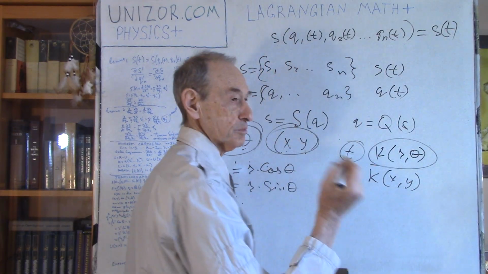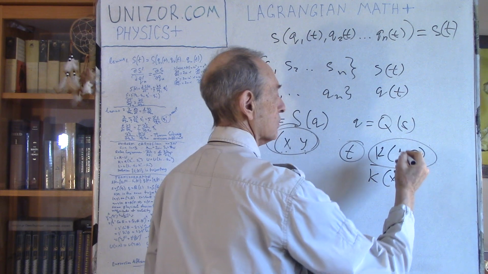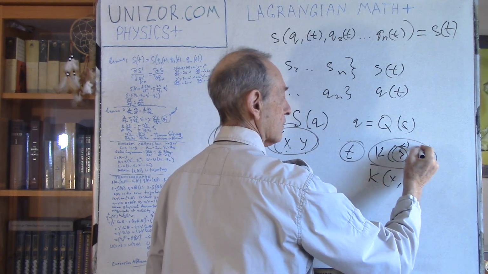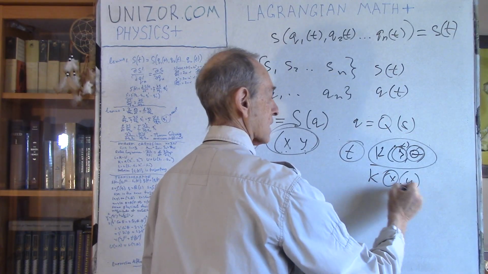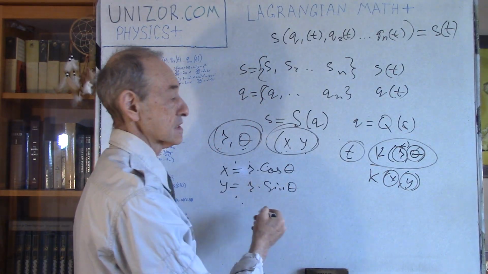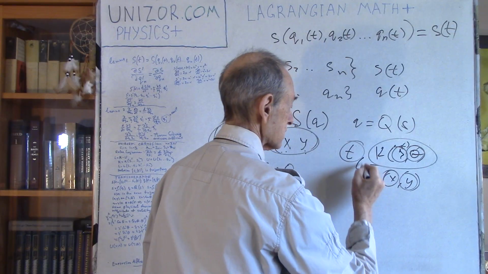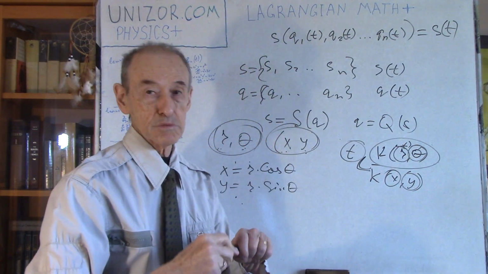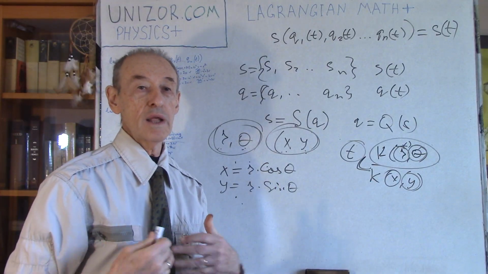But if you put one particular moment in time t into this, and have a value of r, and a value of theta, and a value of x and y, which are related to this, you will get the same results. They should be equal to each other, because it's a physical characteristic which is independent of our view.